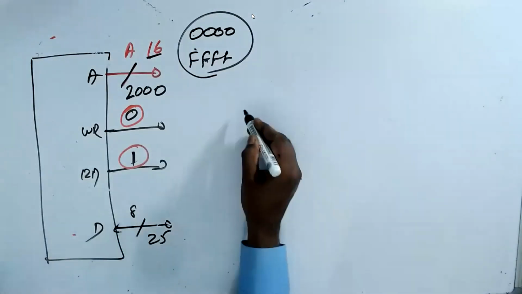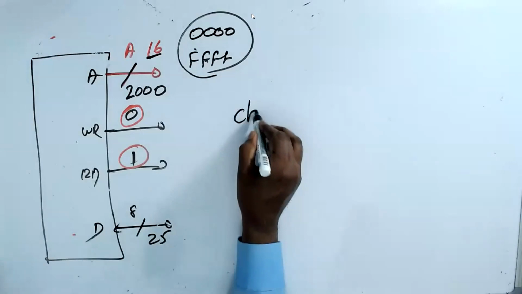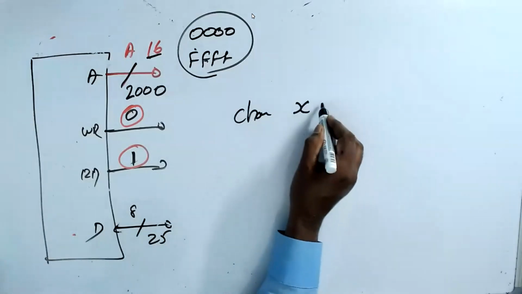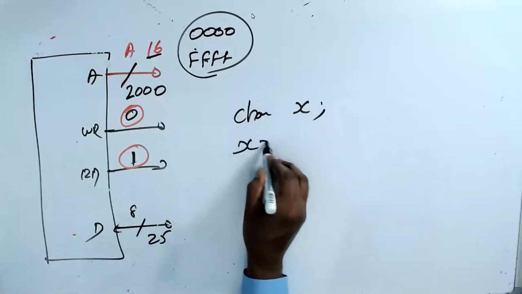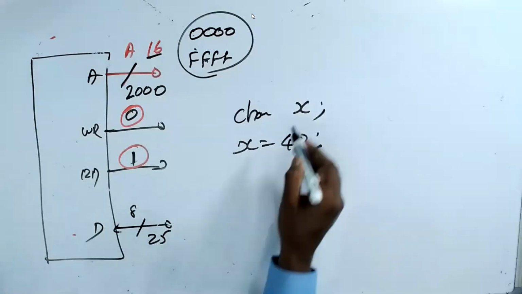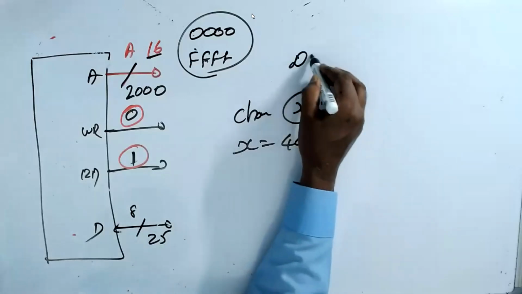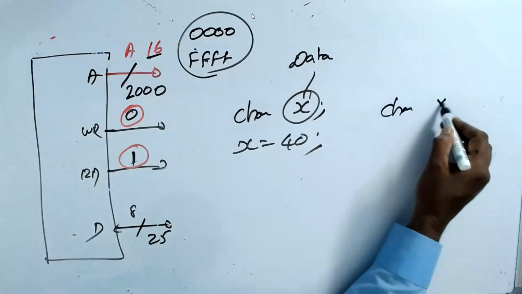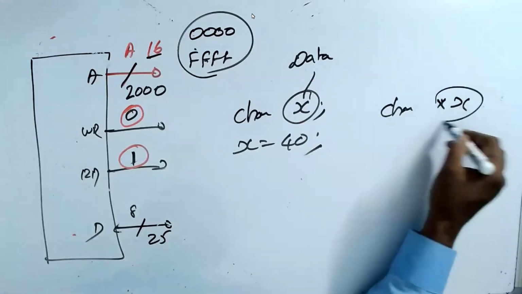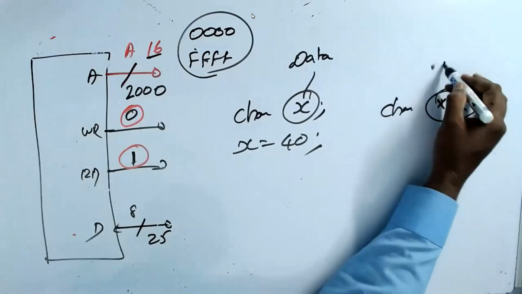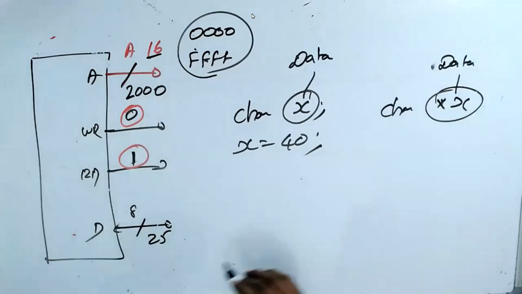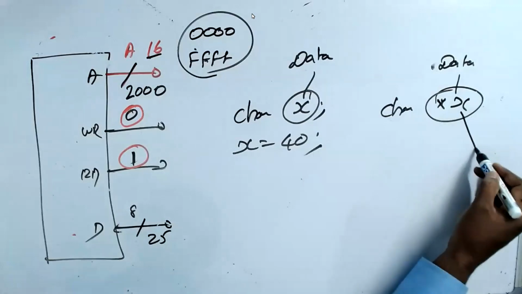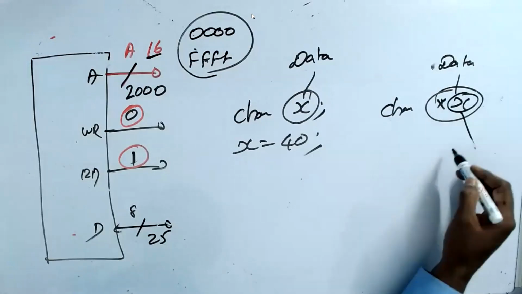If I write a program, char x is equal to 40, at that time this is data. If I write char *x, now *x is data, but x is the address.